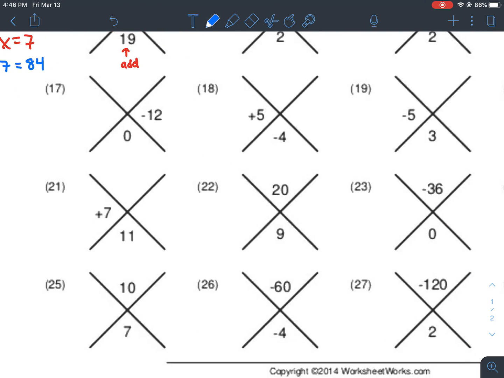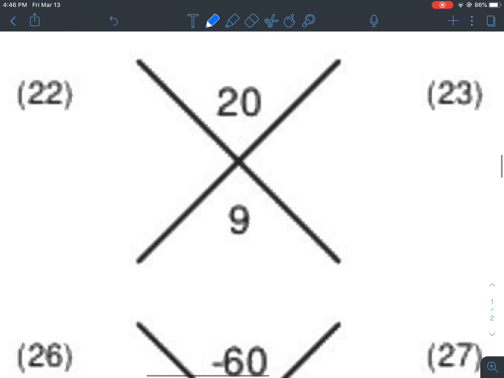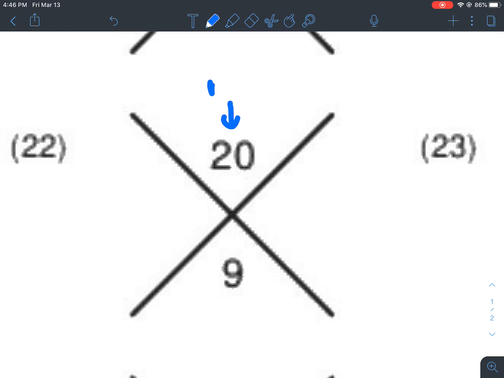And then lastly, the toughest ones, and the ones that I find to be the most enjoyable, get us thinking a little bit more. You're given the top and the bottom, but neither of the side numbers. So now we're asking ourselves, what two numbers multiply to 20 while at the same time adding to 9?